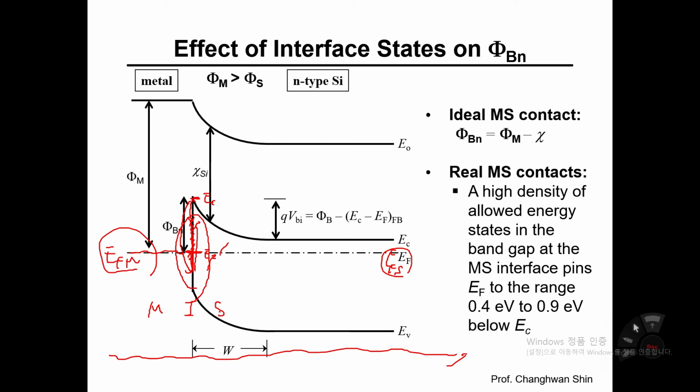In that sense, you may guess the concept of why the Fermi energy level in real MS contact, not in ideal MS contact, has been pinned in the energy band diagram. Usually, in general, it is 0.4 electron volt to 0.9 electron volt below the conduction band energy level. That is the main regime where you can find the Fermi energy level for real MS contact.